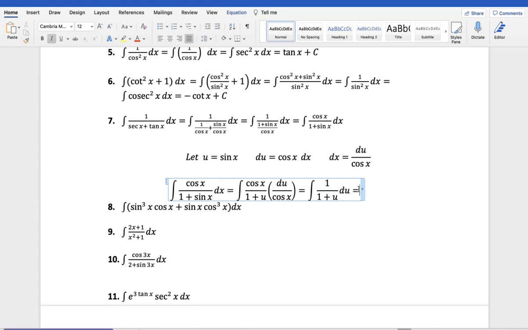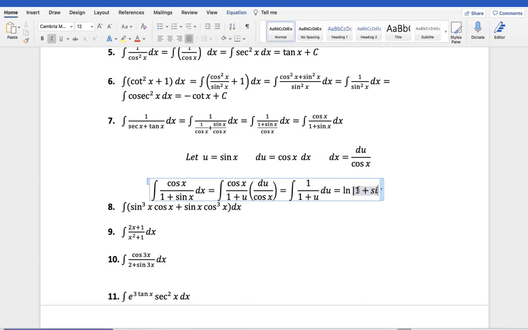If you go back to the basic integrals that we did when dealing with one of this form, you know that this is just equal to ln of the absolute value of 1 plus u, plus a constant c. I'll explain just now why we included the absolute value here.